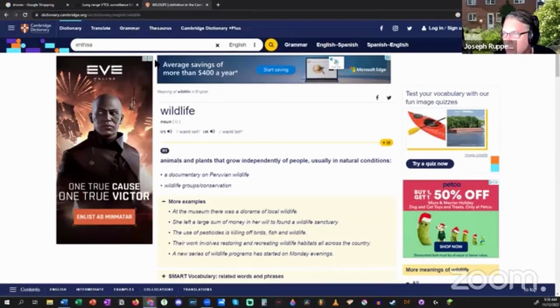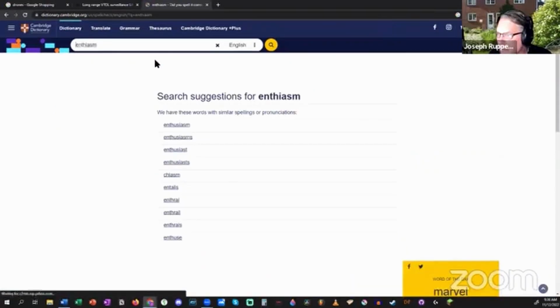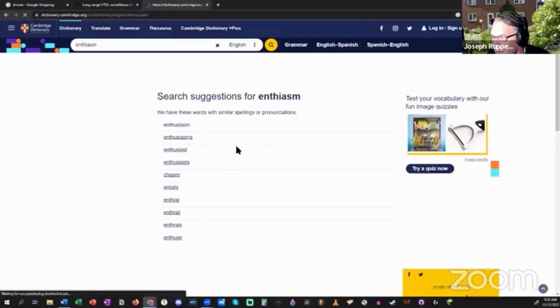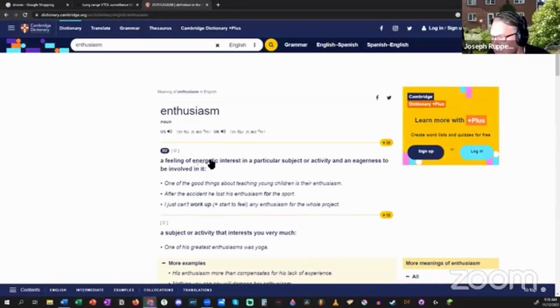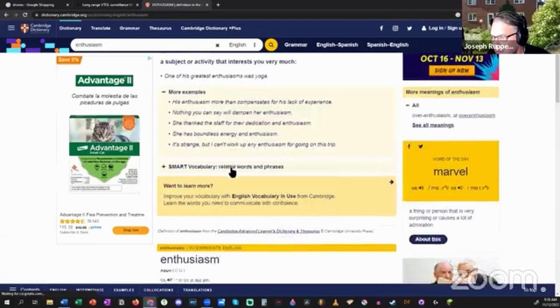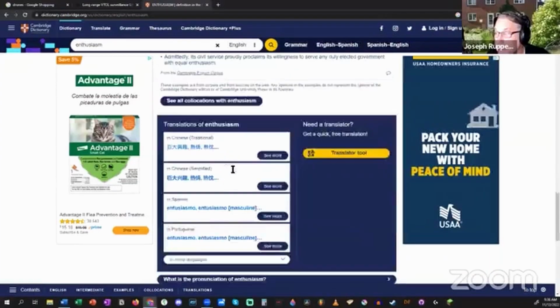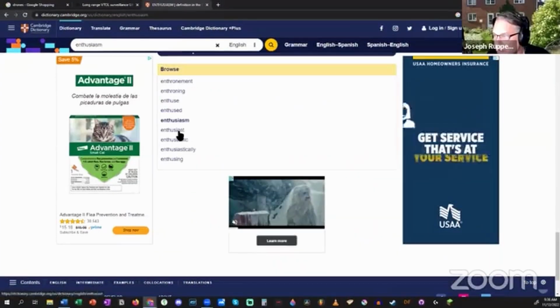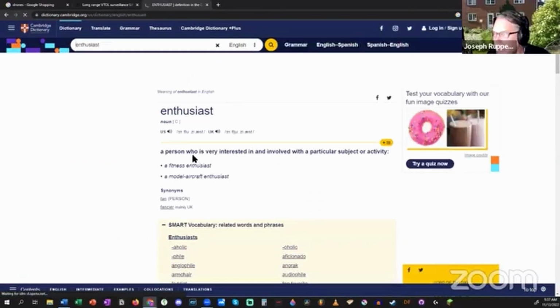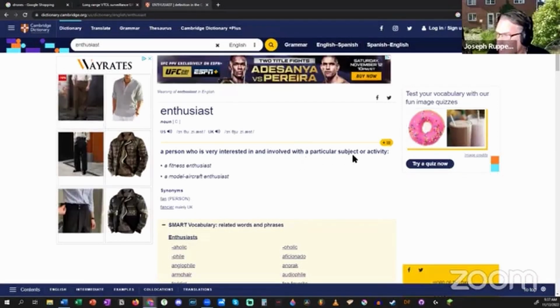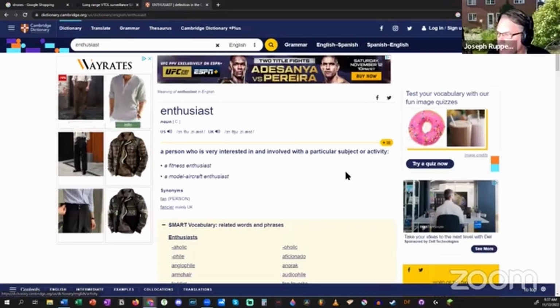And then an enthusiast is a person. So we have this word enthusiasm. Enthusiasm is being excited, right? This is the noun enthusiasm, to be excited. And an enthusiast is a person who is excited about something, a person who is very interested in and involved with a particular subject or activity.